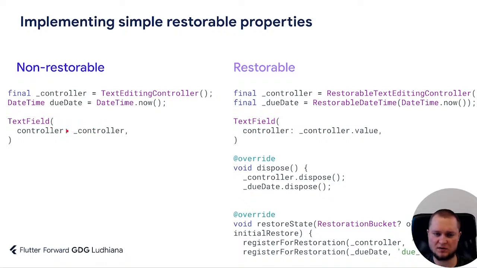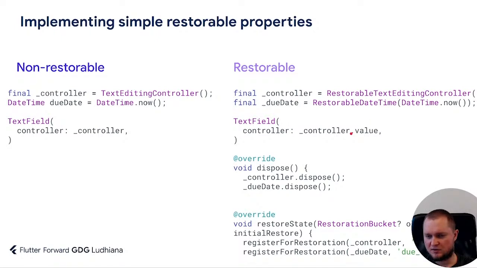To make those things restorable, we need to change the plain fields, plain properties to restorable variants. Flutter already ships some commonly used restorable variants of fields. For example, you have restorable text editing controller, restorable datetime, restorable int, restorable booleans, and so on.